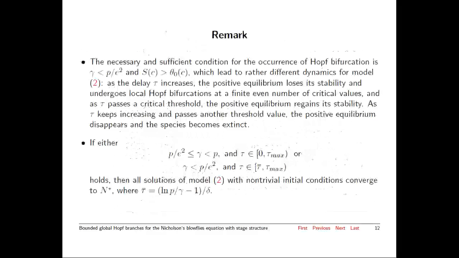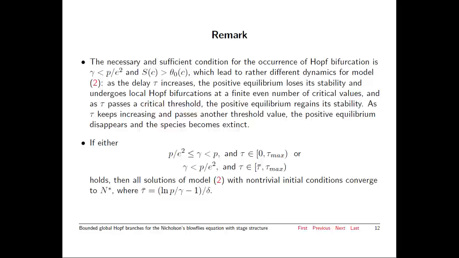Here I would like to mention that for this result we give the necessary and sufficient condition for the existence of Hopf bifurcation, for these two inequalities. And in this case, the dynamic behavior is rather different compared to the basic model.